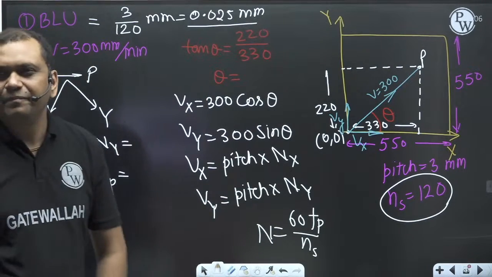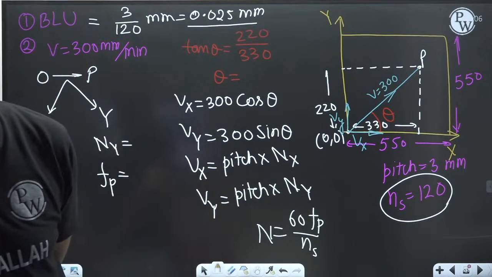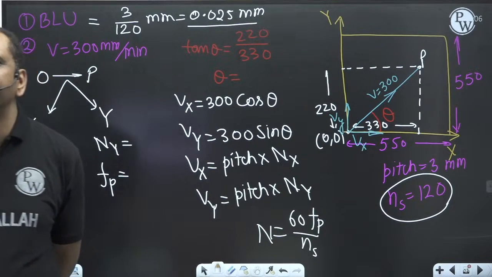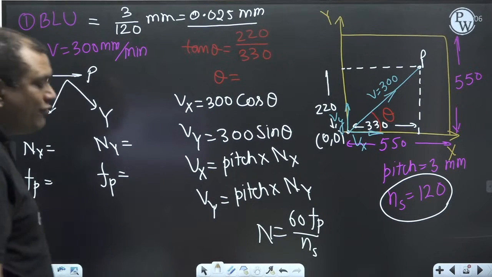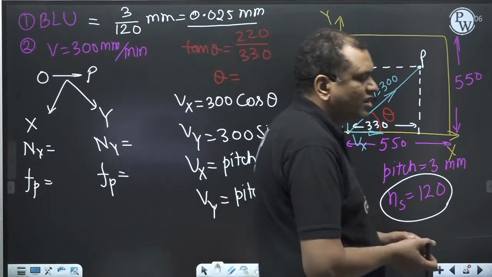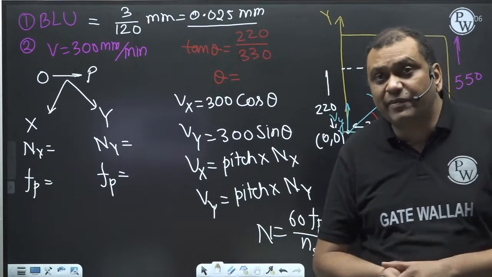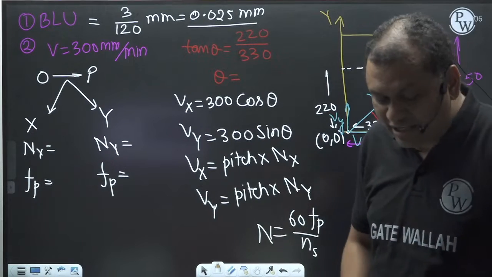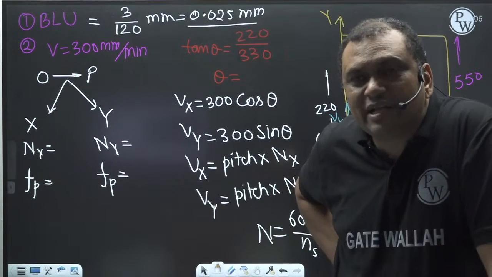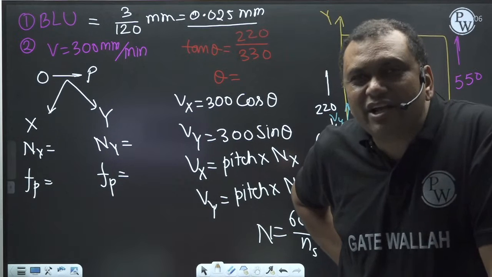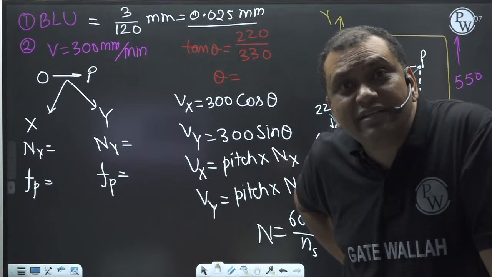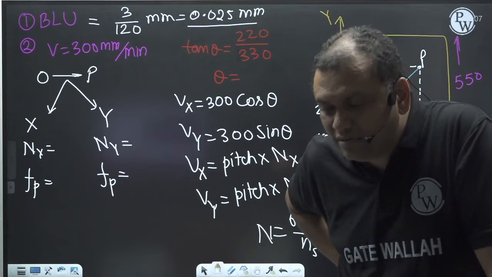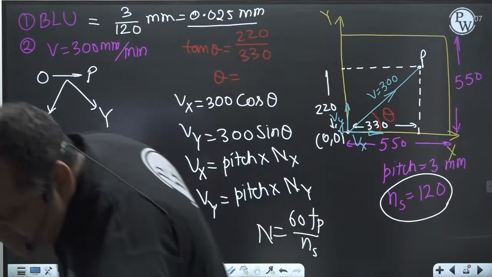Now you do it, please. Answers. Now understood how to calculate? First of all, we have to know what is the velocity of the stepper motor in x direction and y direction. So the x direction stepper motor has to move with what velocity? That should be known. Now tell me, please tell me.